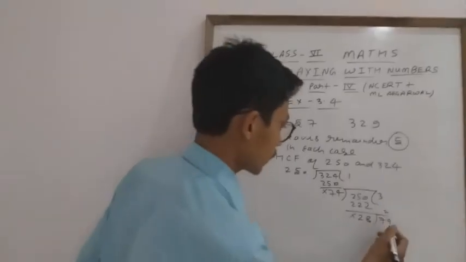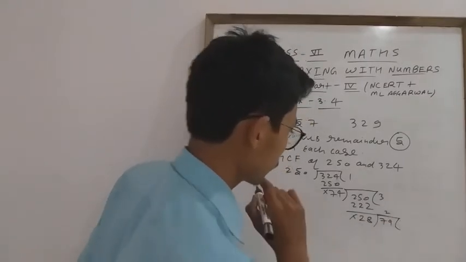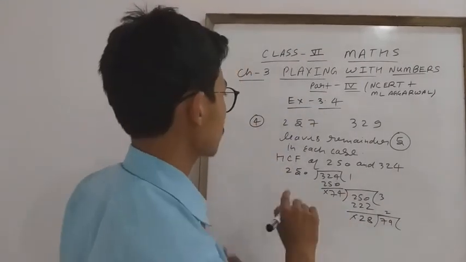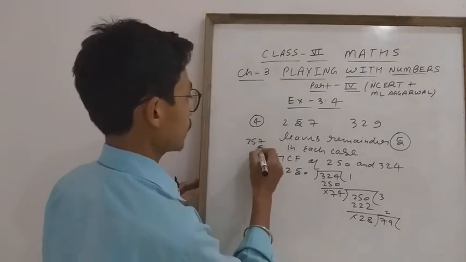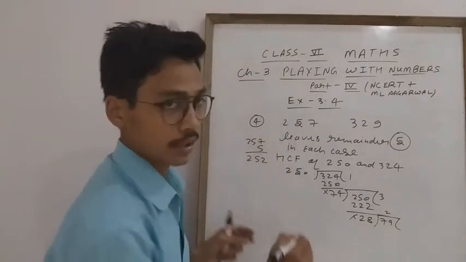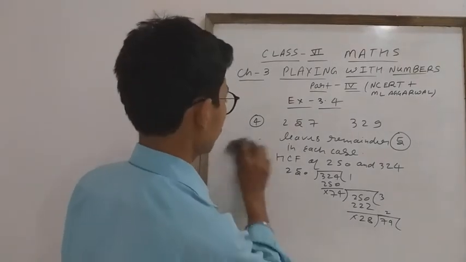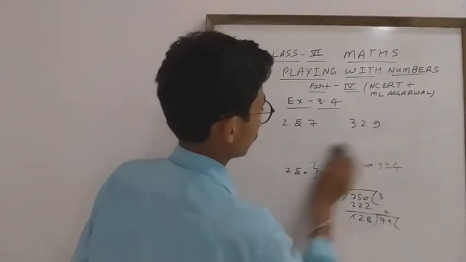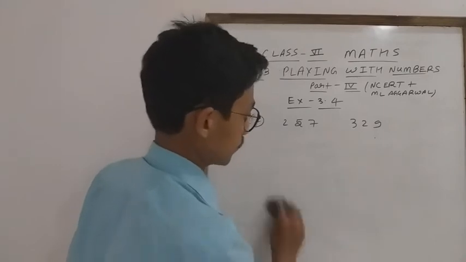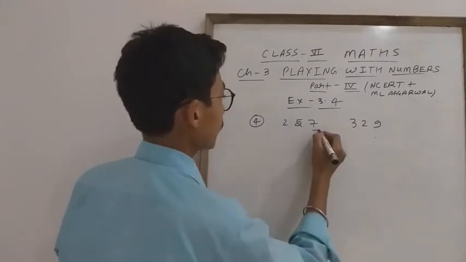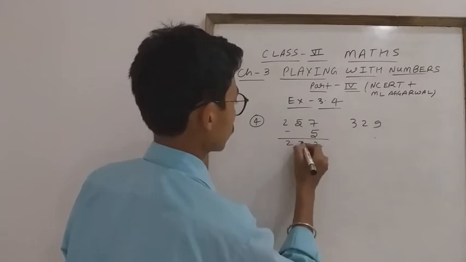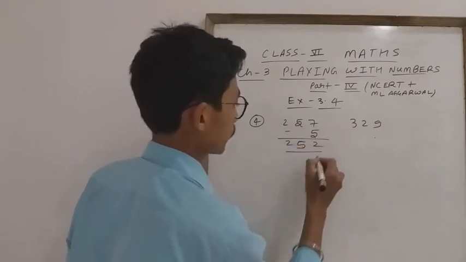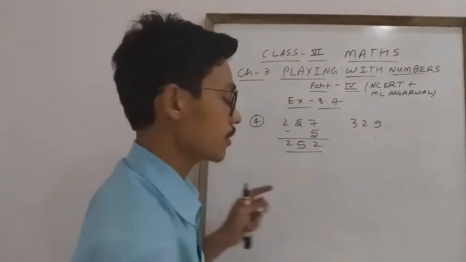Now, see students, one minute, there is a mistake in this question. See, when 257 minus 5, it will come 252. Clear? So this is the mistake. Again we will do this question. There was a mistake in subtraction.